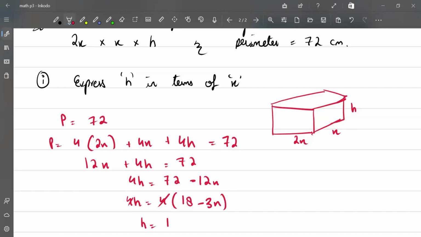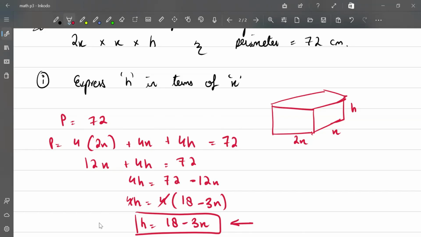So h is 18 minus 3x. Through the equation of the perimeter, we simply expressed h in terms of x. I really hope you understand this because it's a very basic concept involving the use of perimeter.